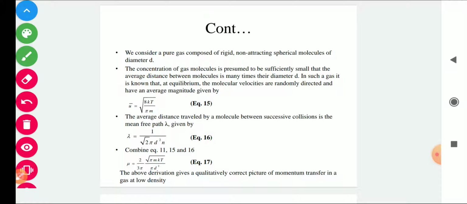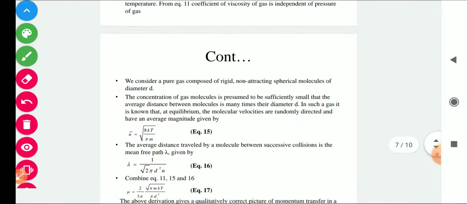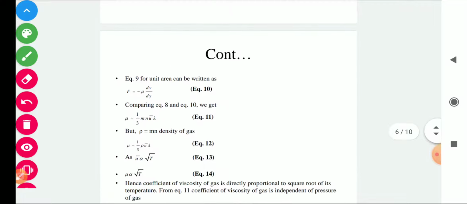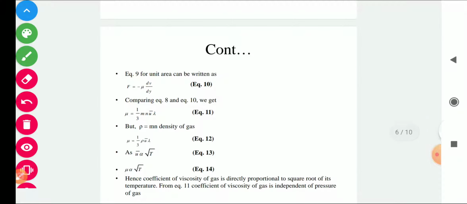So if we put the value of this average velocity and mean free path in equation 11, where we have 1 by 3 m n u bar lambda, then we get the final value of viscosity.